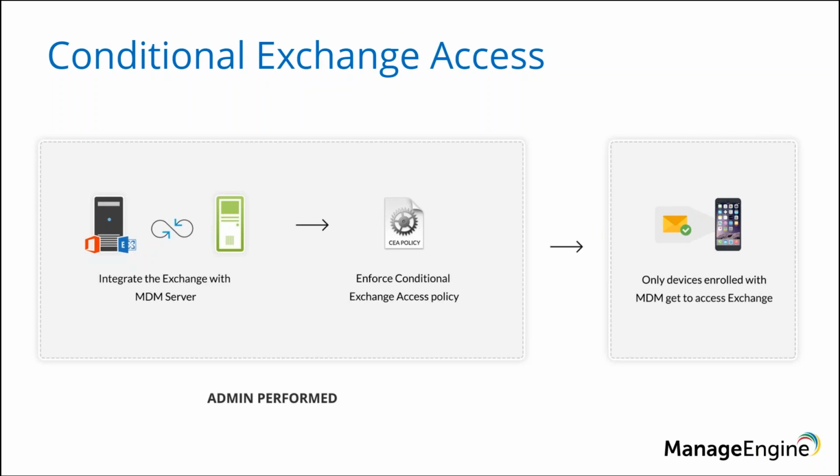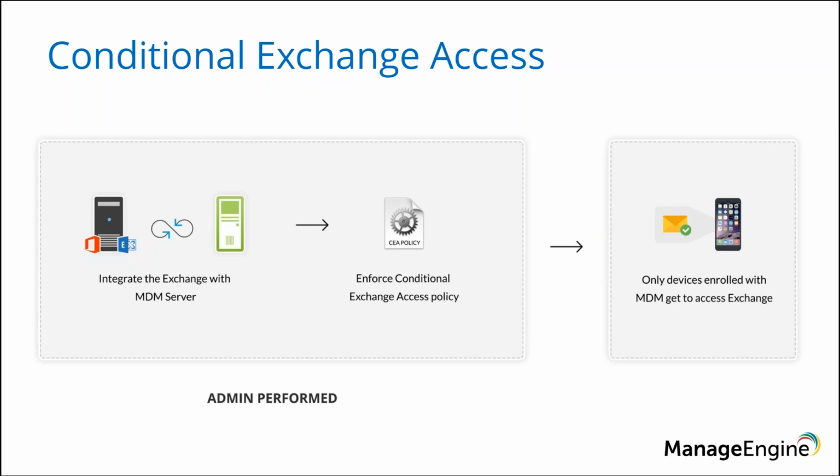So once that is done, you can also divert your attention over to the screen because the conditional exchange access is really important if you are using, say, an Office 365 service or an Exchange on-premise mail service to manage your emails itself. So this is a feature that is present specifically for these two solutions itself.